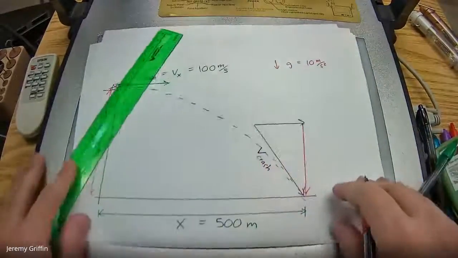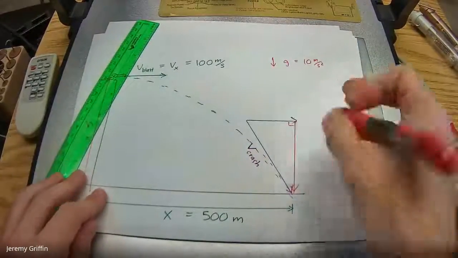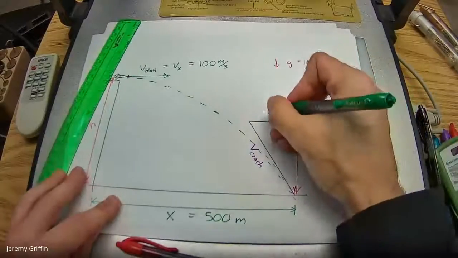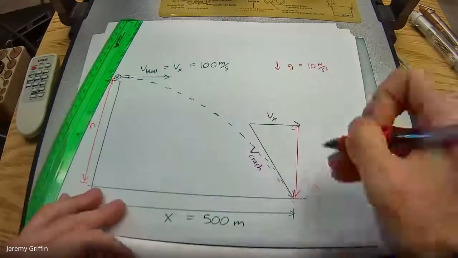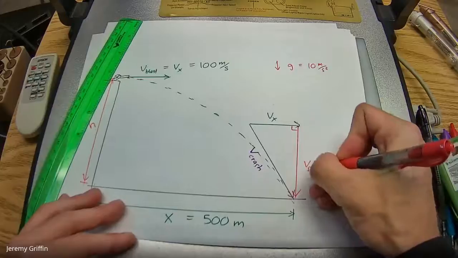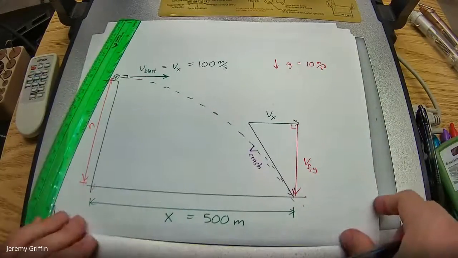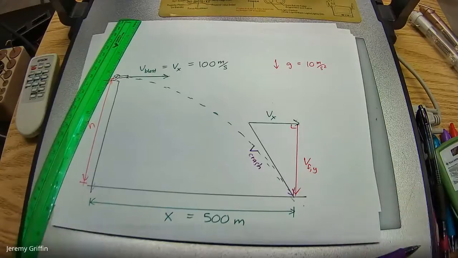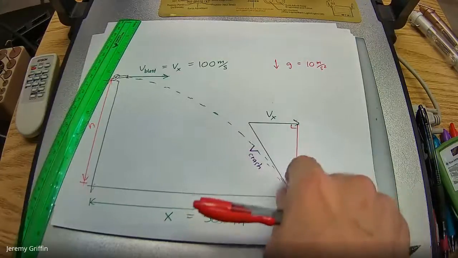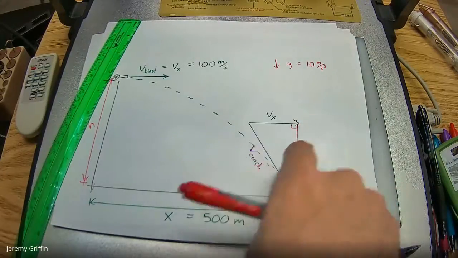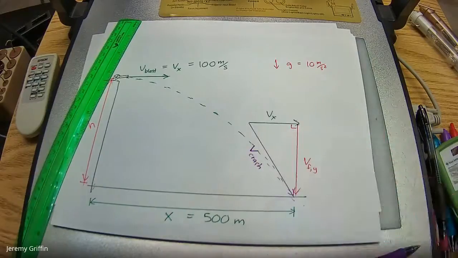See like that? Doesn't that make a right triangle? I could call this V sub x. I can call this V final in the y direction, V sub Fy. So in the last question we started with sine and cosine components, we split it up into components. But you see how this one's going to end, right? It's probably going to end on a Pythagorean theorem if I put those components back together. You guys got it?